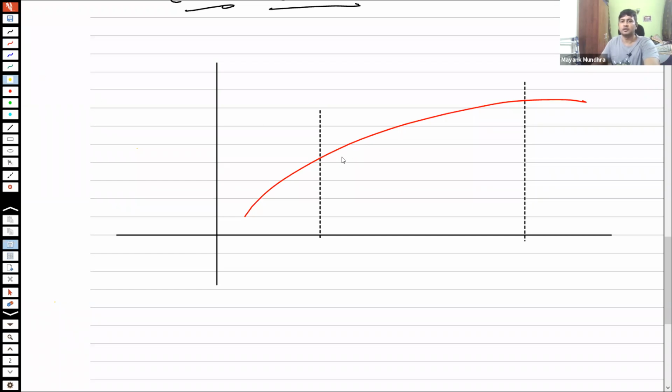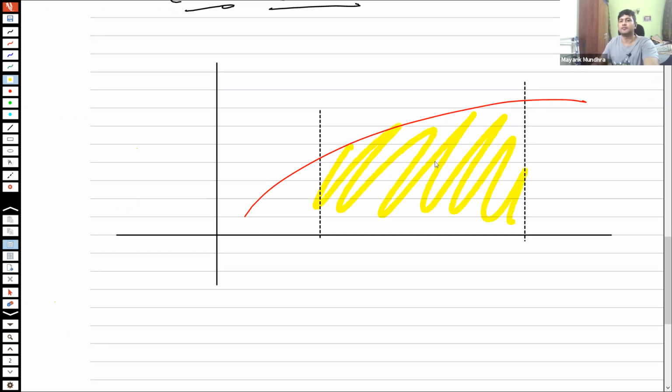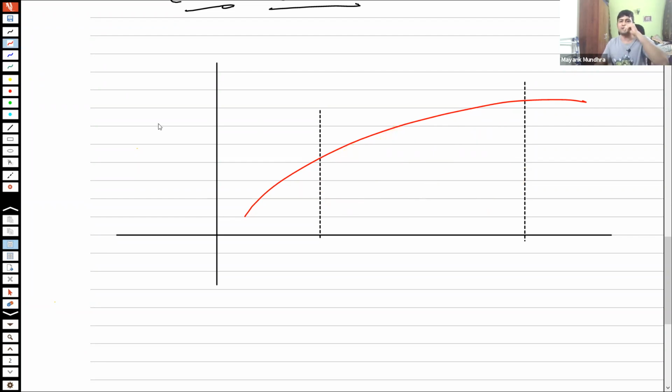I hope all of you get it. So how do I find this area? One way to approximate this would be, I know that this value is f of a, and this value is f of b.